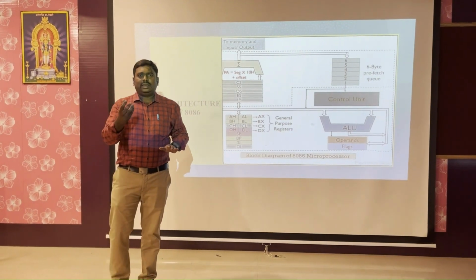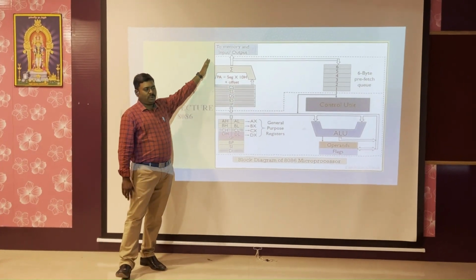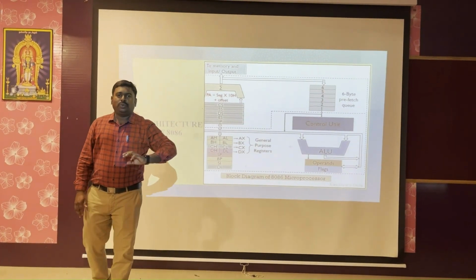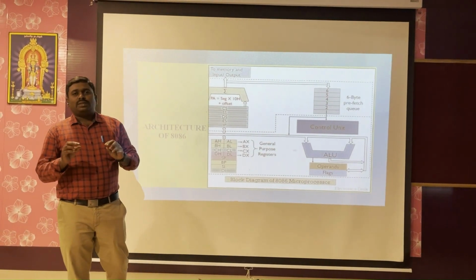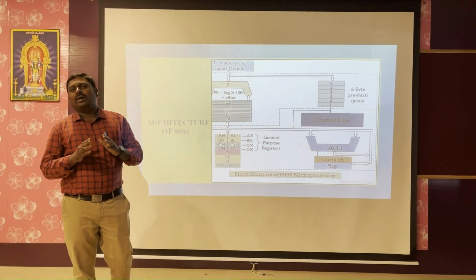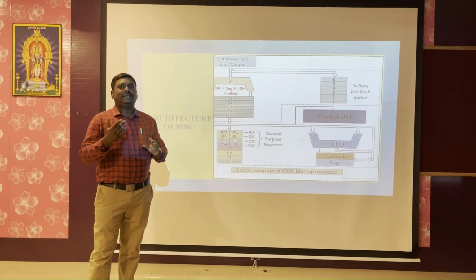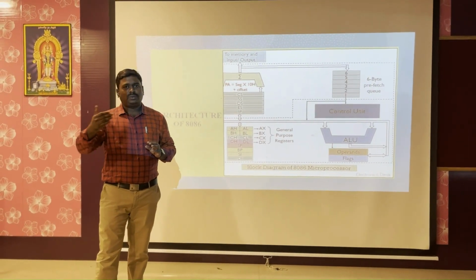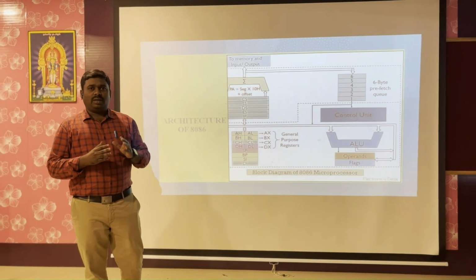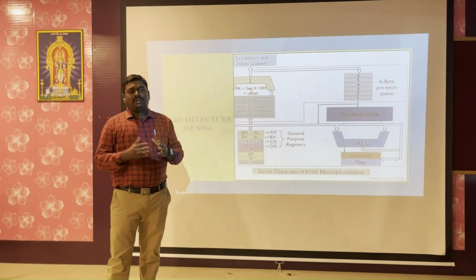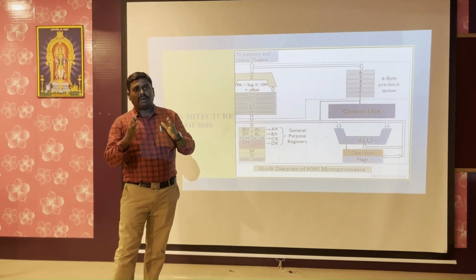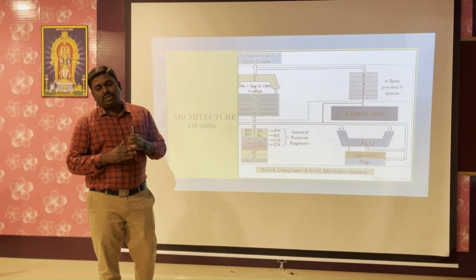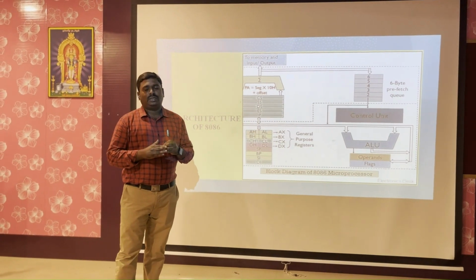We get the data from these ports and it goes to the 6-byte prefetch queue. The bus interface unit just connects, gets the data from the other devices and passes it to the execution unit. Here we have pipeline processing. The advantage of 8086 is pipeline processing, because at the same time it can prefetch, decode and execute instructions.